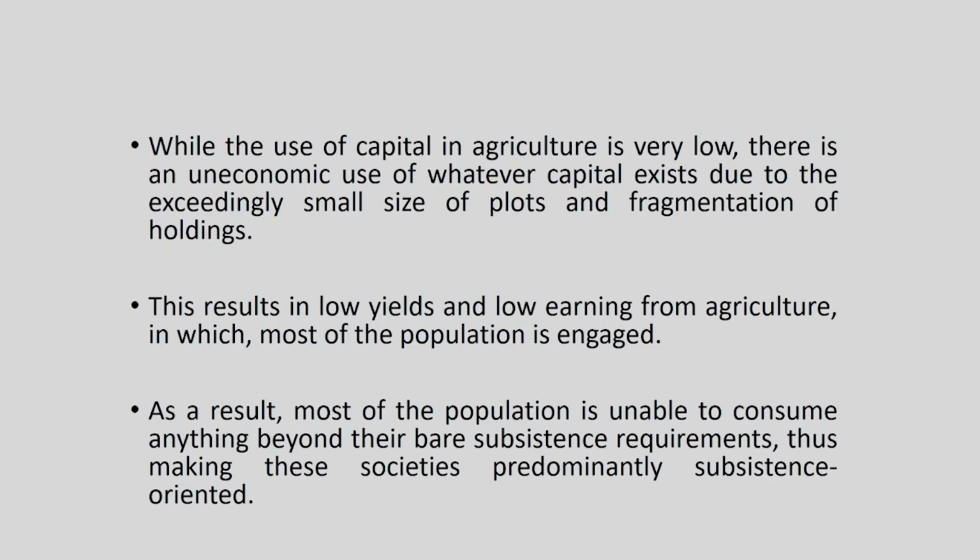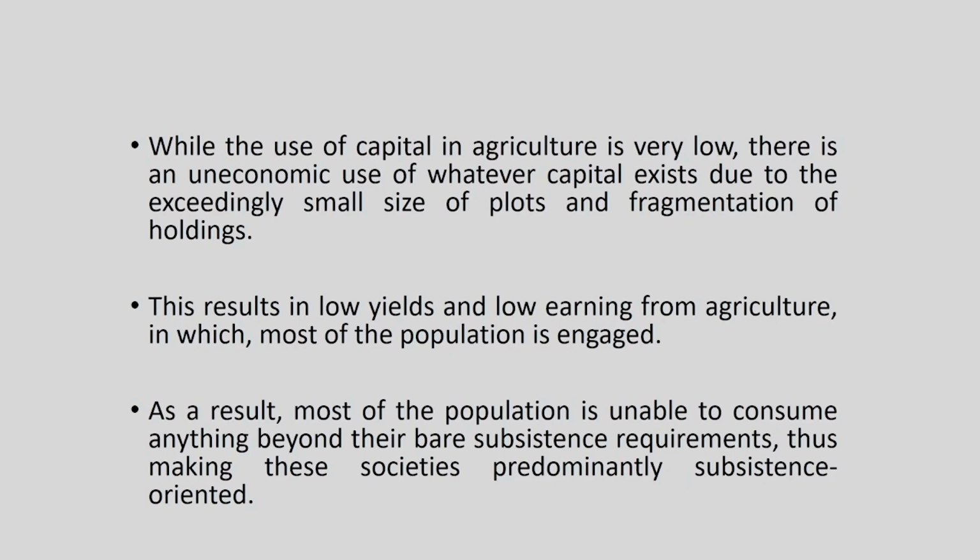While the use of capital in agriculture is very low, there is an uneconomic use of whatever capital exists due to the exceedingly small size of plots and the fragmentation of holdings. This results in low yields and low earnings from agriculture, in which most of the population is engaged. As a result, most of the population is unable to consume anything beyond their bare subsistence requirements, thus making these societies predominantly subsistence oriented.